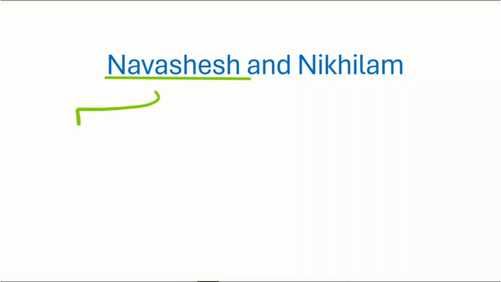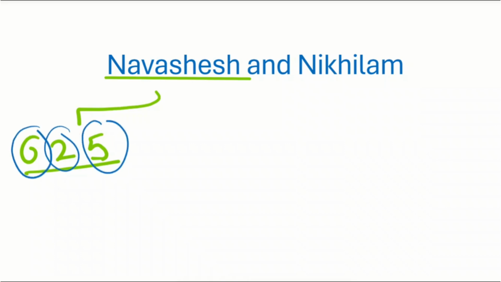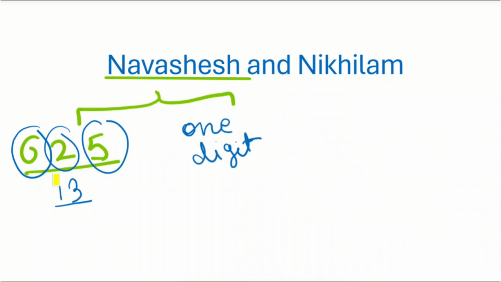So for example, if you have the number 625, you're going to add all of the numbers present in it. The numbers present in 625 are 6, 2, and 5. When you add them, 6 plus 2 is 8, and 8 plus 5 is 13. Now, another important thing to remember about Navashesh is that it is always a one-digit number. 13 is a two-digit number.